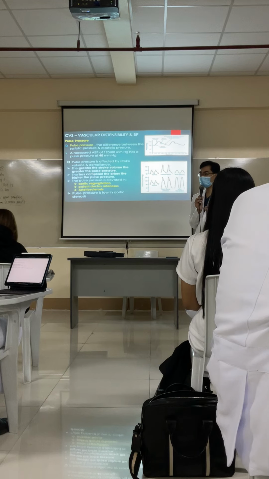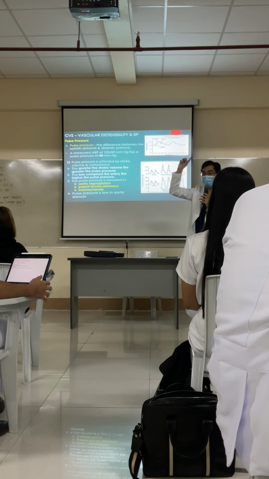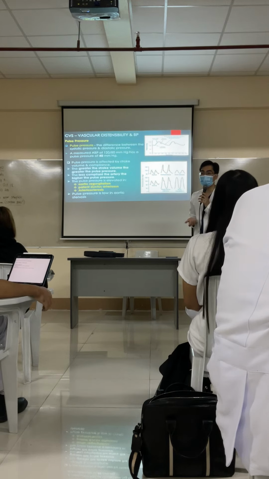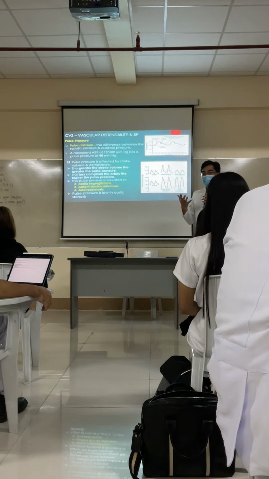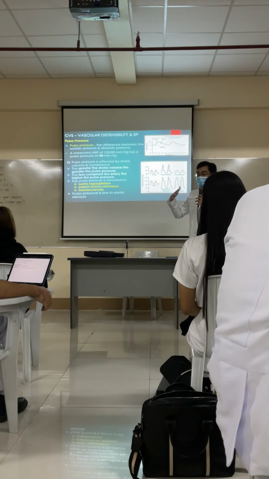And compliance. The more compliant a vessel, normal lang. If it is less compliant, it will affect the pulse pressure. Kasi tataas na masyado ang systolic pressure, bababa naman ang diastolic pressure, kasi hindi siya compliant. Ang compliance, we are talking about pag-increase ng volume, hindi super taas ang pressure kasi it will expand, kaya bumababa back to normal.